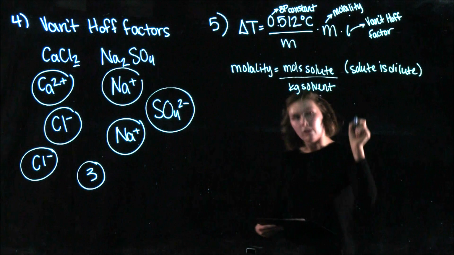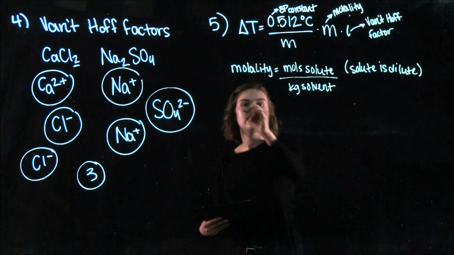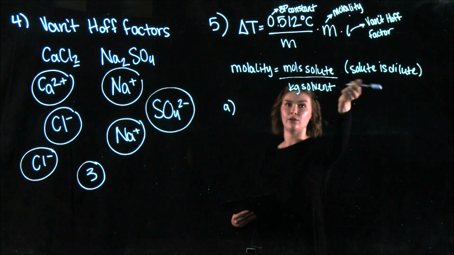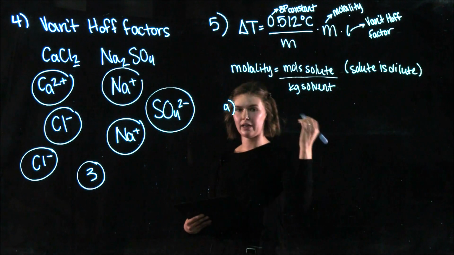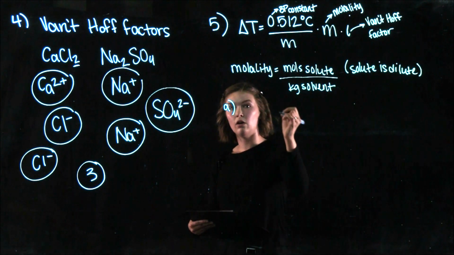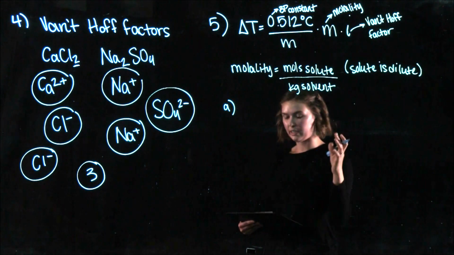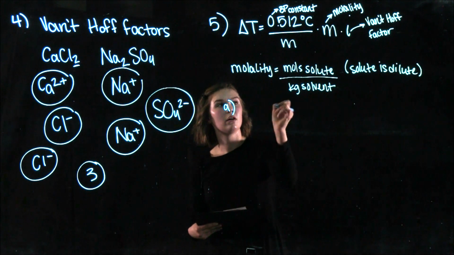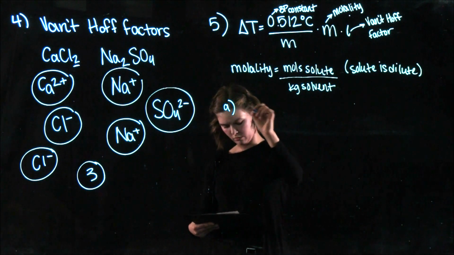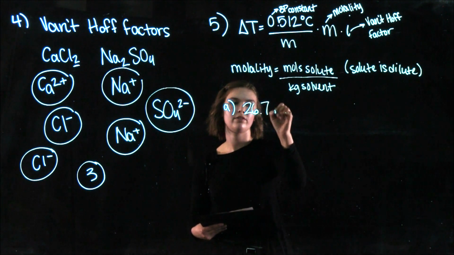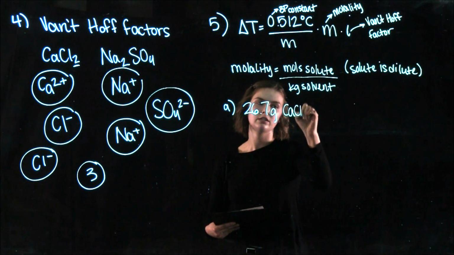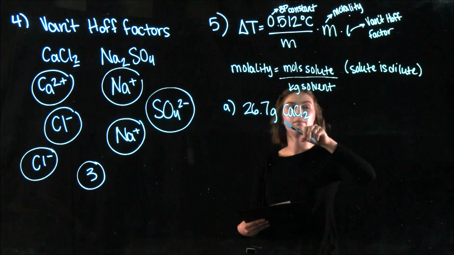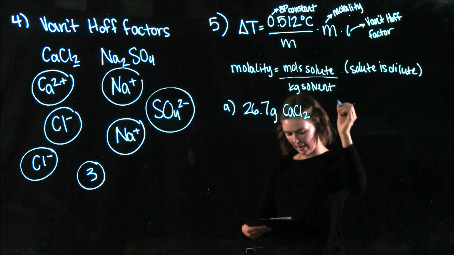So we're going to take this, and step one, I'm just going to find the moles of my solute, which in this case, I'm going to pick calcium chloride. So I'm going to come up with just an example problem. Let's say that I have 26.7 grams of calcium chloride, and I need to figure out how many moles I have.